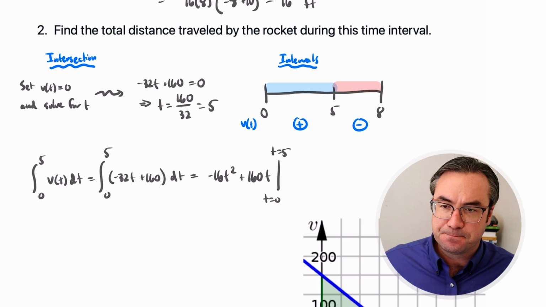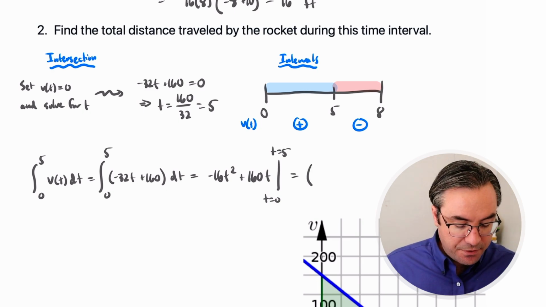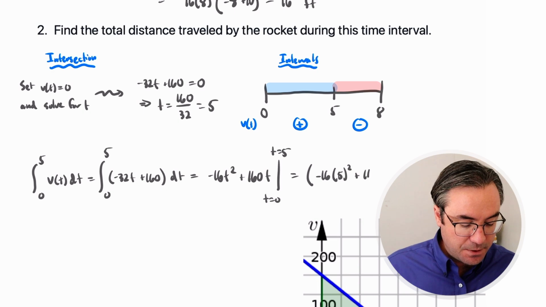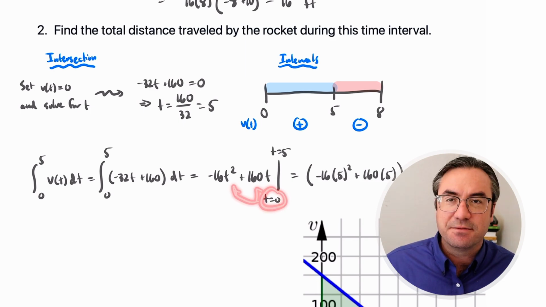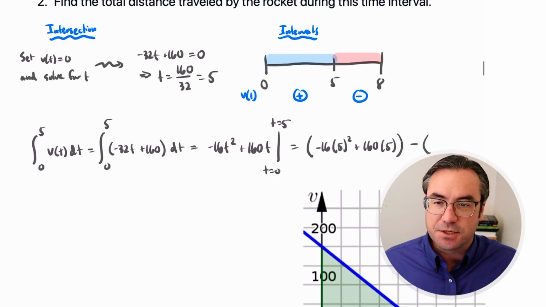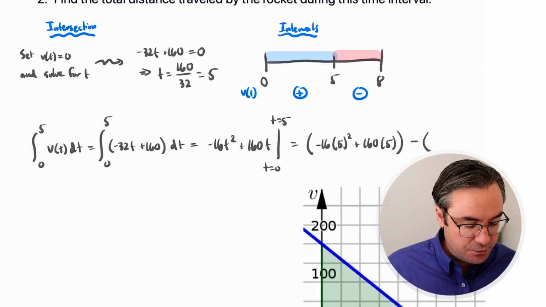When we do our evaluation, we end up with negative 16 times 5 squared plus 160 times 5, and then we subtract and plug the 0 in, and again, we get a freebie here, just some powers of 0. So just a 0.